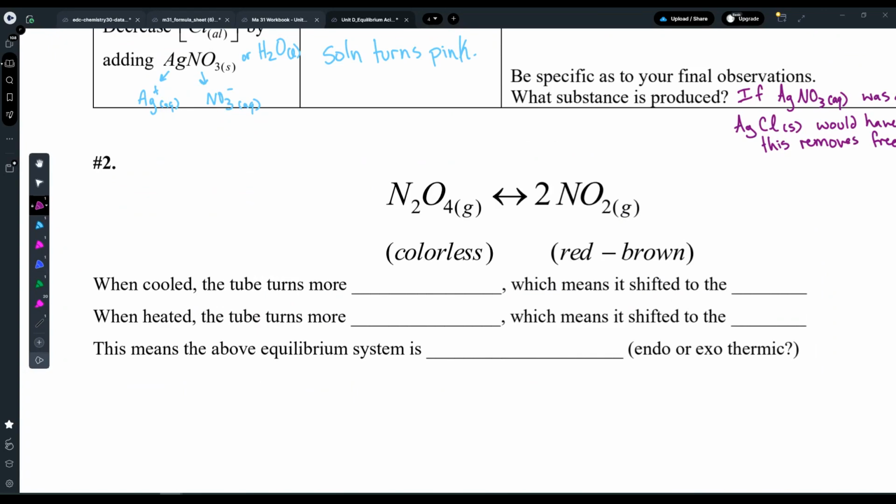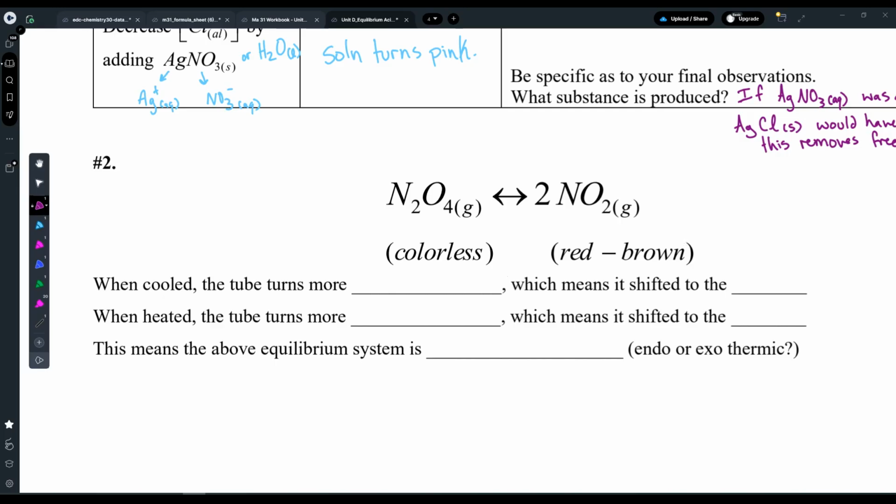For this next equilibrium, we have dinitrogen tetroxide in equilibrium with nitrogen dioxide. What we're going to do is watch a video that cools this equilibrium down and heats it up, and we're going to record what colors it changes. Okay, and we're going to record which way the equilibrium shifts based off of what color it changes.